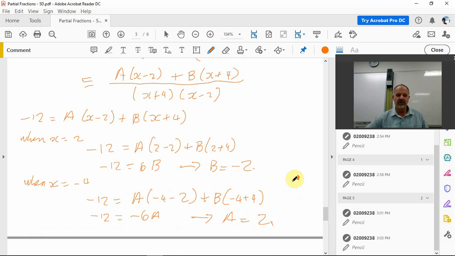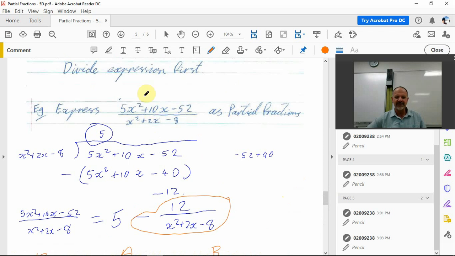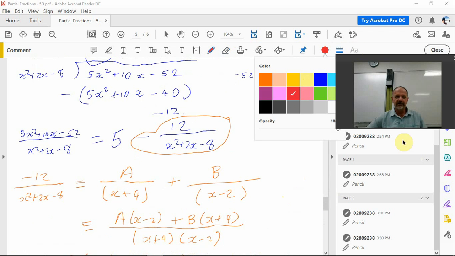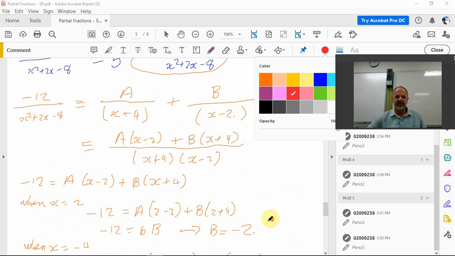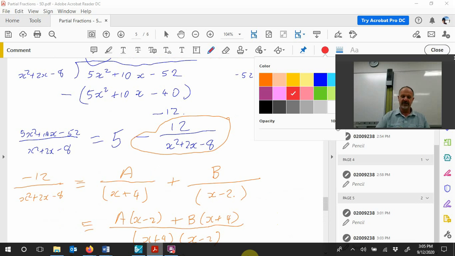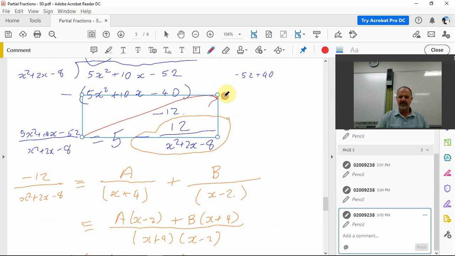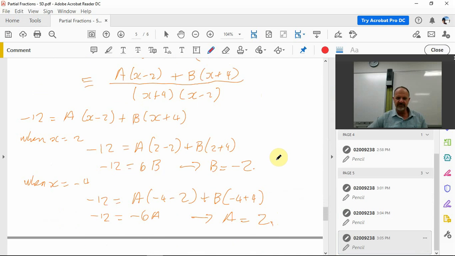So when we go all the way back to the start here, I haven't left myself enough space, so let me write it over here. When I put in the equivalent fraction, this here is equivalent to 5, and the A, let me just check what the A is, 2.